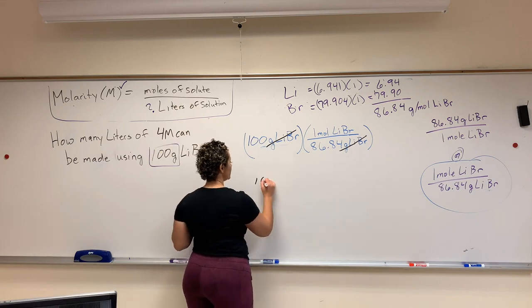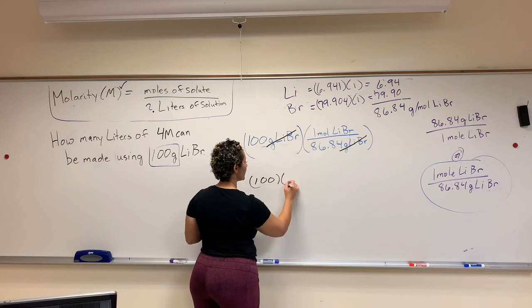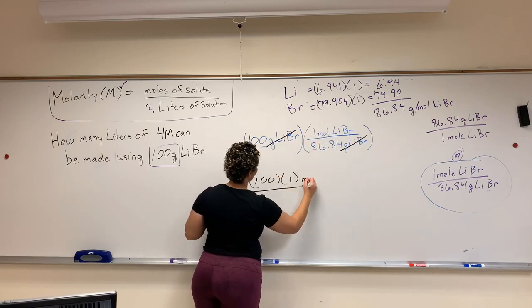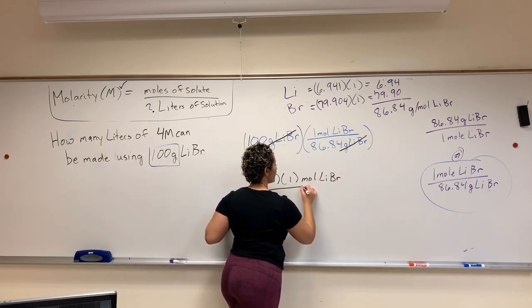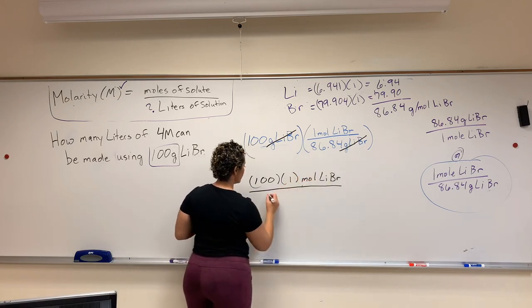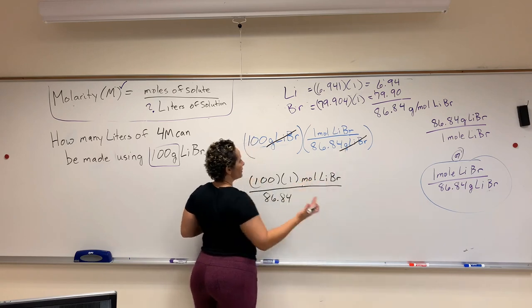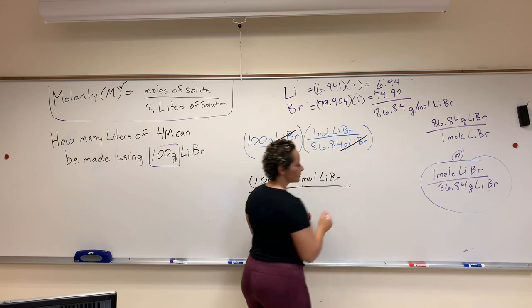So 100 times 1 divided by, label. Moles, L-I-B-R. Okay, and then 86.84. 86.84. No label, got canceled. We're left with moles. Finish the math. Equals.